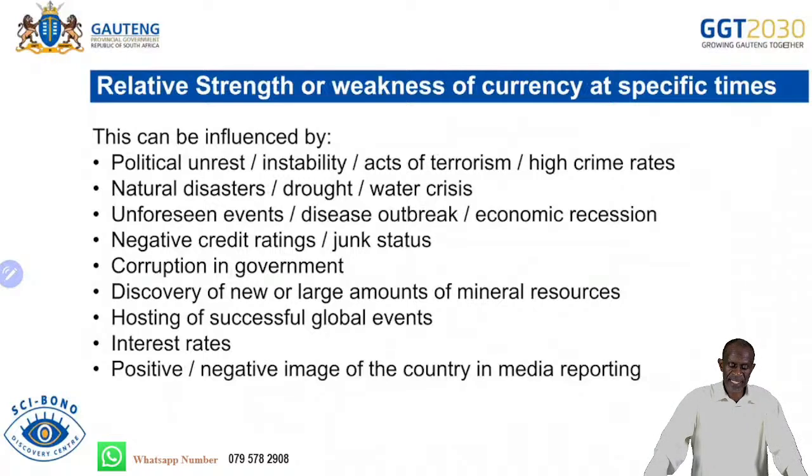Natural disasters, such as drought and water crisis, also scare away tourists that may want to visit. An example here, at a particular period of time, there was a shortage of water in Cape Town, and during that time the tourism activity in that province was very minimal because there was no drinking water.